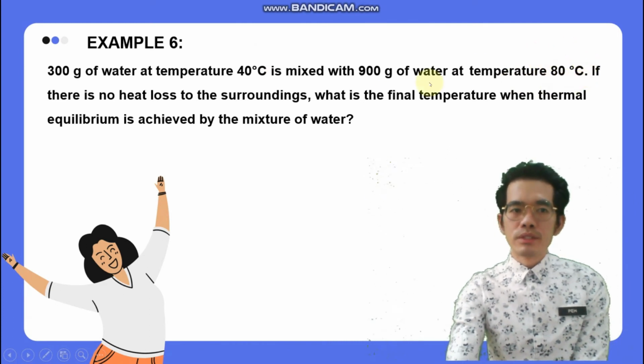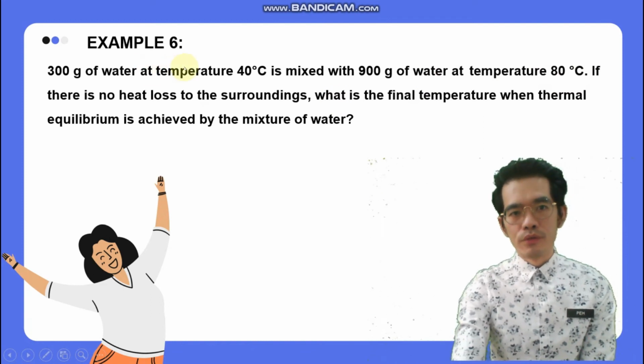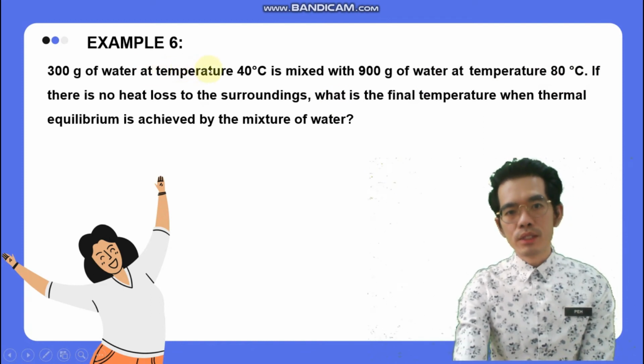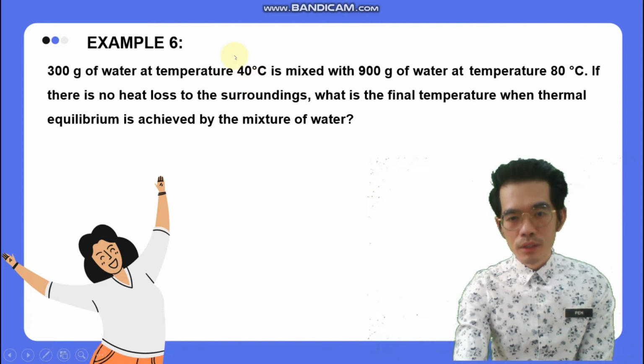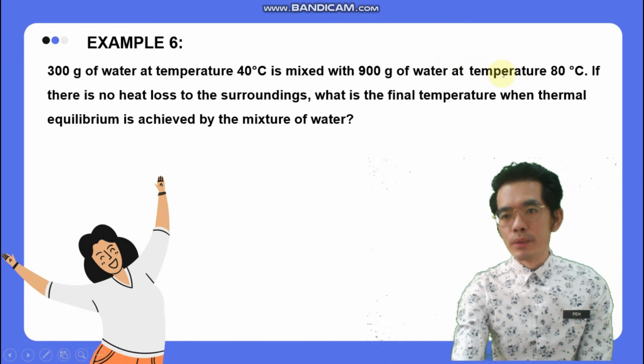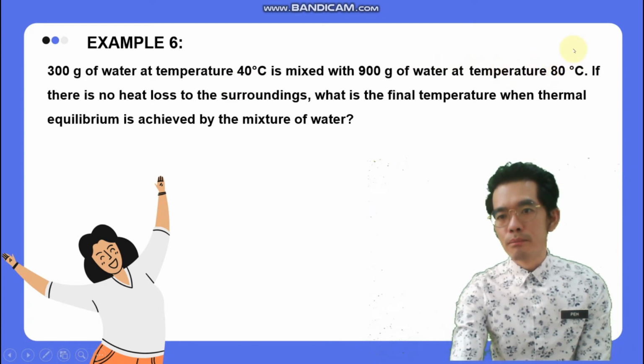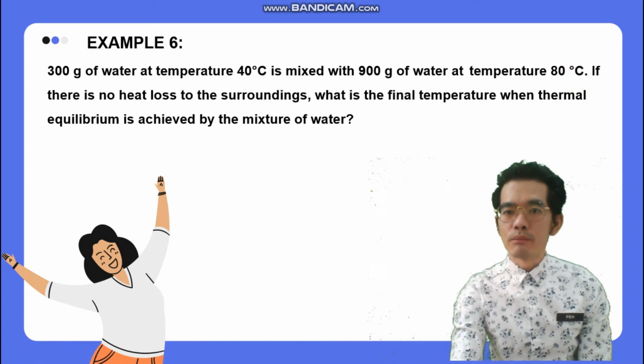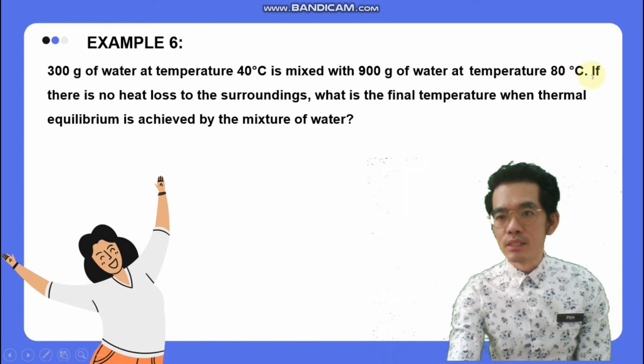That means the temperature change for the first cup of water will be final temperature minus 40, as the final temperature is greater than 40. For the second cup of water, the temperature change will be 80 degrees Celsius minus final temperature, as the final temperature will be lower than 80 degrees Celsius.